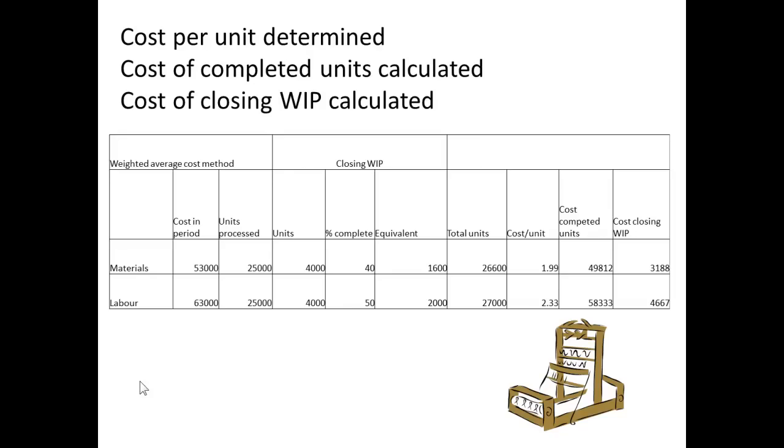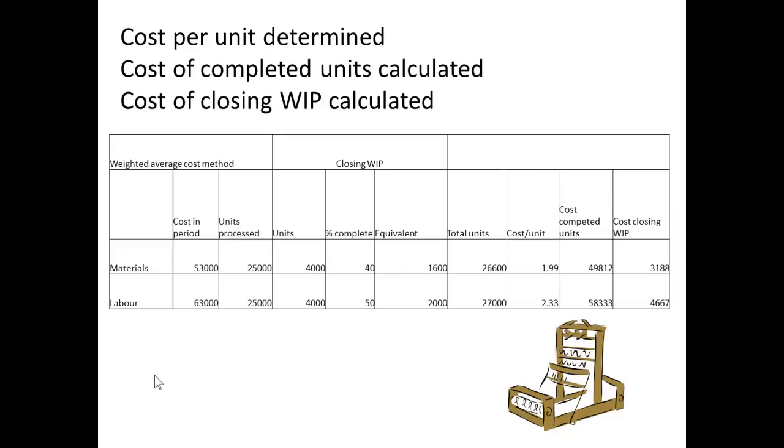So the costs per unit are 26,600 gives, divided by the costs in the period, 53,000 by 26,600 is roughly £1.99 per unit, and for labour, divide 63,000 by 27,000 is £2.33 per unit.